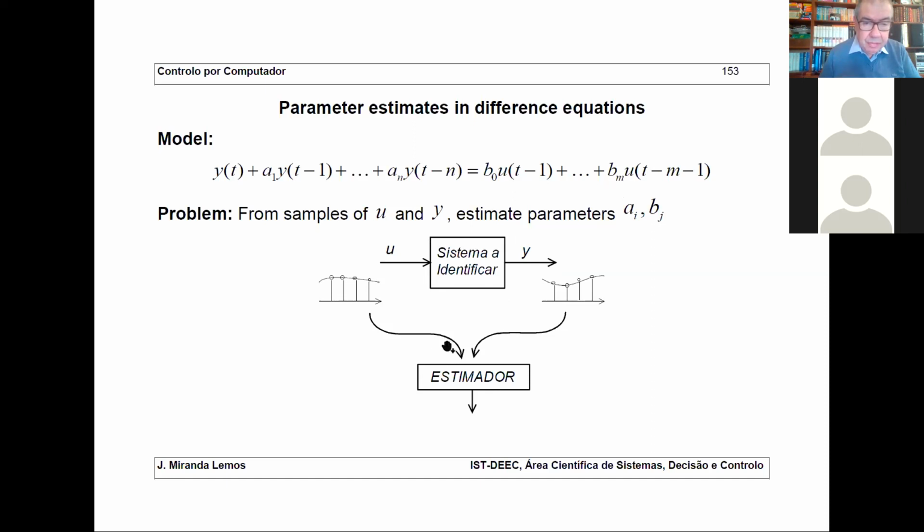This is an important first step in design because you need these parameters if you want to design a controller. So what you see is data. You do an experiment, you get data for U and Y in the form of lists of numbers. In MATLAB, you can use a vector of numbers for U and a vector of numbers for Y. And you want to estimate the A1, A2, etc., B0, B1, etc. The parameters that define the system.